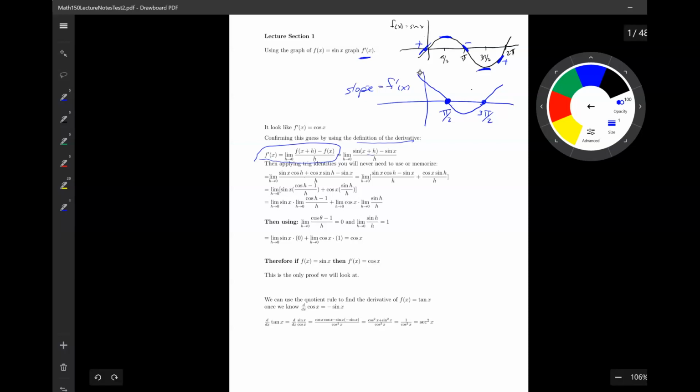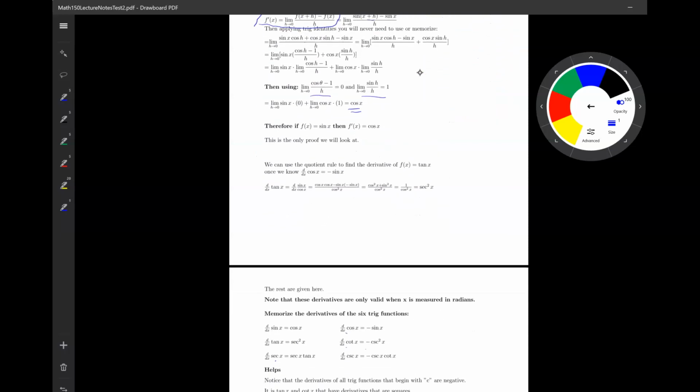If you expanded it out with the sine and broke it up, and used these two facts here, just lots of trig identities and a couple of facts that I'm just presenting to you, we're not going to use them. Then I find out by using algebra, it gives me cosine. So just showing you algebraically it works in the definition of the derivative.